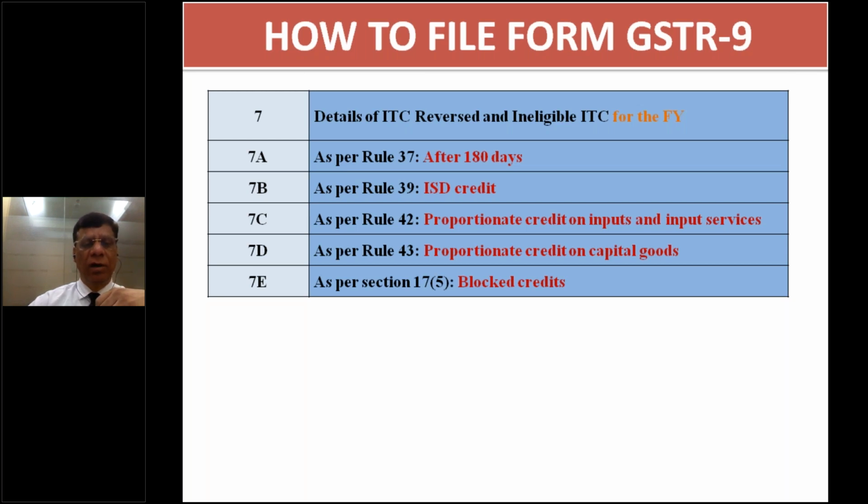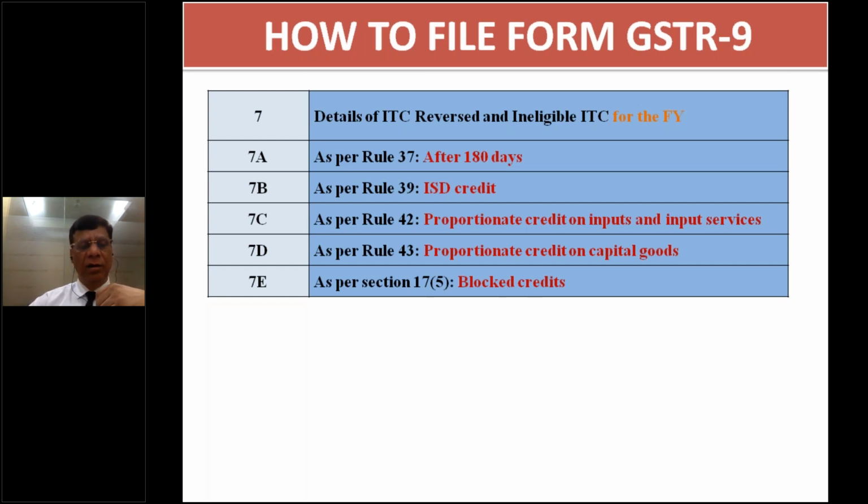Then there are Rule 39 ISD credit reversals because of wrong distribution, or Rule 42 proportionate credit reversals, or Rule 43 proportionate credit on capital goods reversals, and as per Section 17(5) blocked credits reversals. So we have to be very cautious while filling up these subtables.